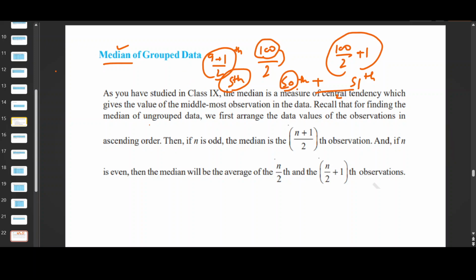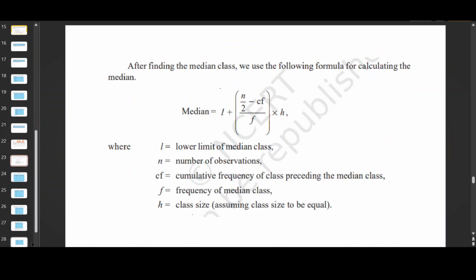Now in class 10th, we will solve the same problem with grouped data. This will be our understanding. Here we will use this formula. Now this is the number of data, n, and divide by 2. Here this is the cumulative frequency of the preceding median class.